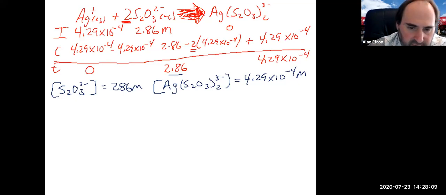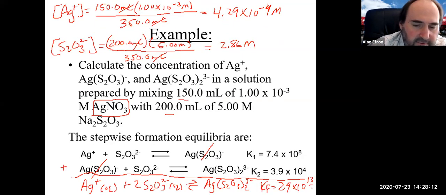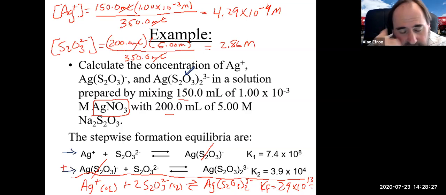Let's go back to the actual question. After doing our first ice table, we were able to figure out the concentration of this species at equilibrium. Now, because we have these stepwise equations, one approach you could take is to look at the second one, for example.